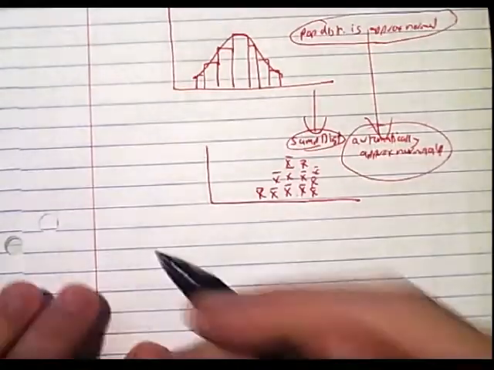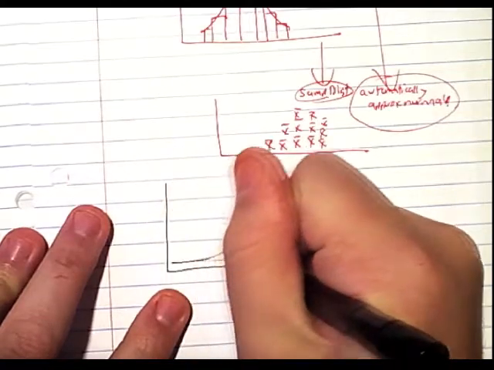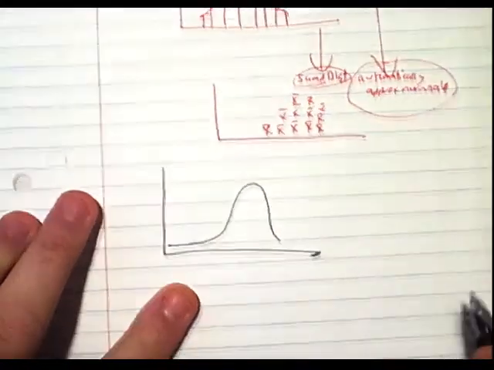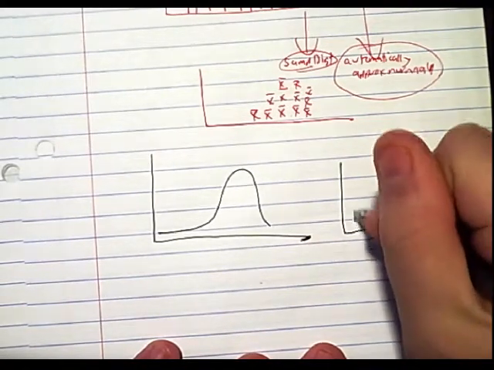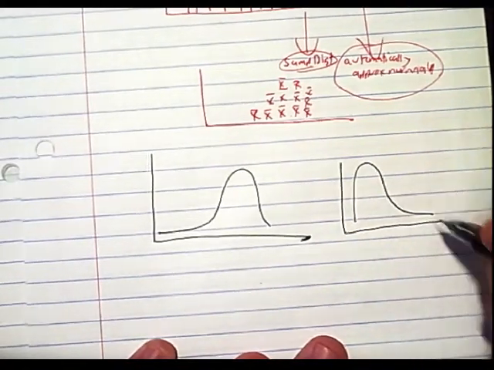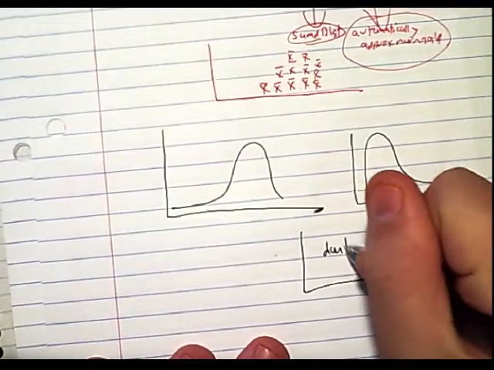So even if we have a crazy looking population, maybe it's skewed left, maybe it's skewed right, or maybe we just don't know.